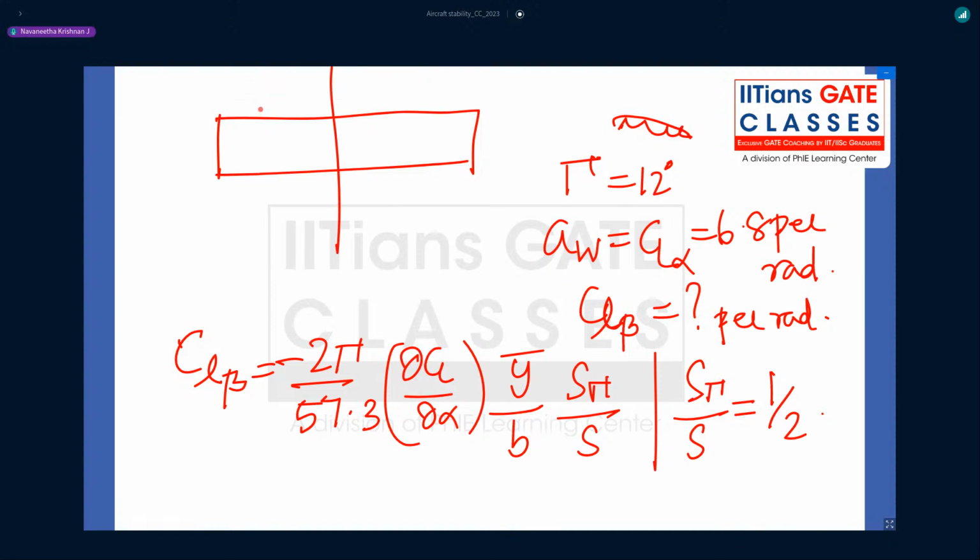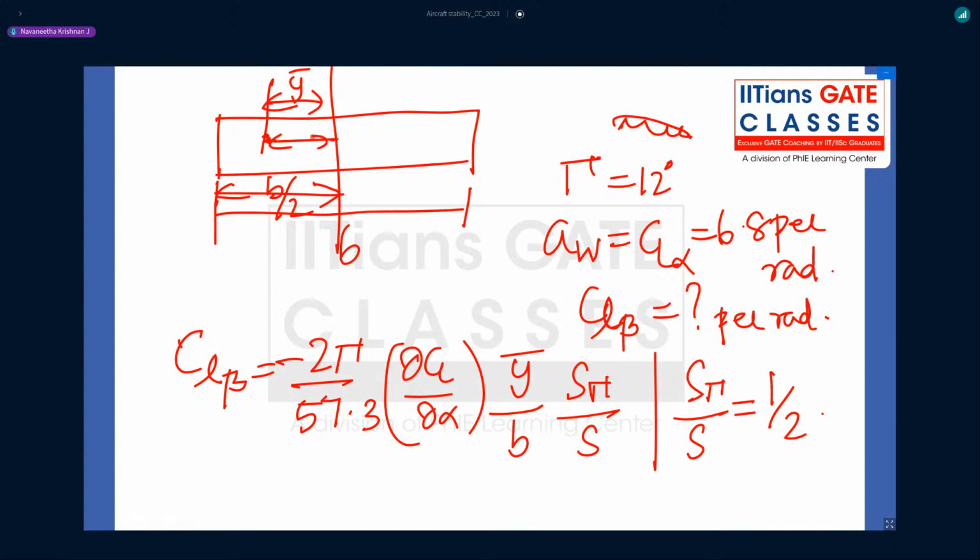Y bar is the distance where the lift is acting. So the total span is b. Since it's a rectangular wing, semi span is b by 2. Then lift is acting at the centroidal location.